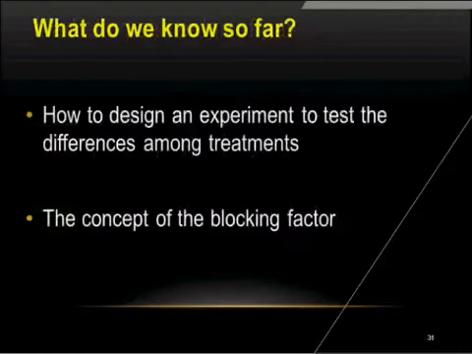Let's just step back for now and think of what we just learned so far. We know how to design an experiment to test differences among treatments, and we also know the concept of blocking factor.